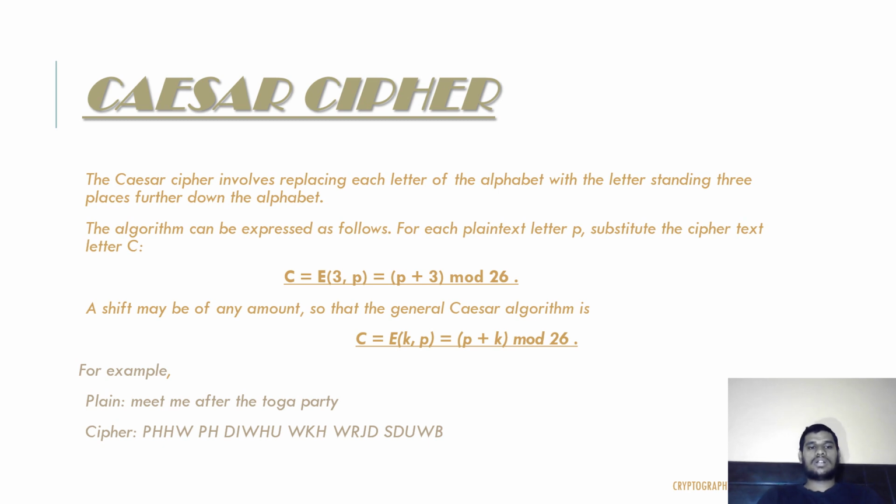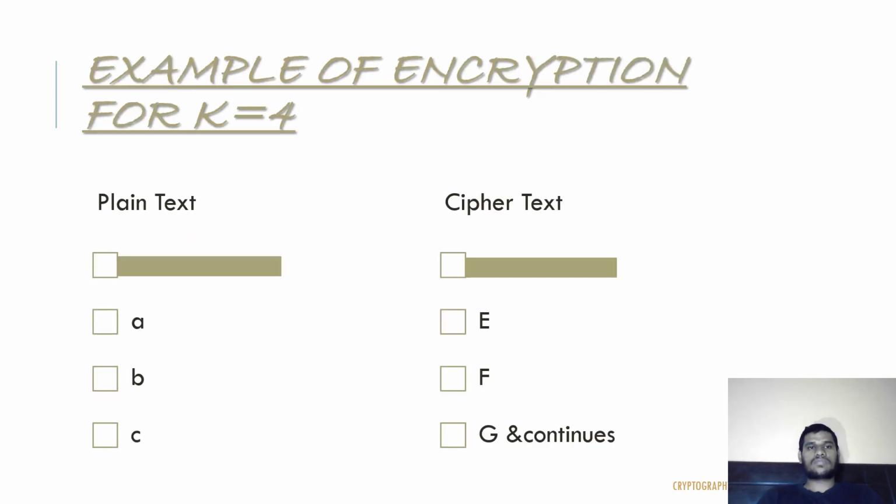For example, we have a plain string "meet me after the toga party", which when converted into ciphertext gives PHHW PH DI WHU WKH WRJD SDU WB. Another example: the plain text is A, B, C, and the ciphertext is represented as E, F, G, and continues.